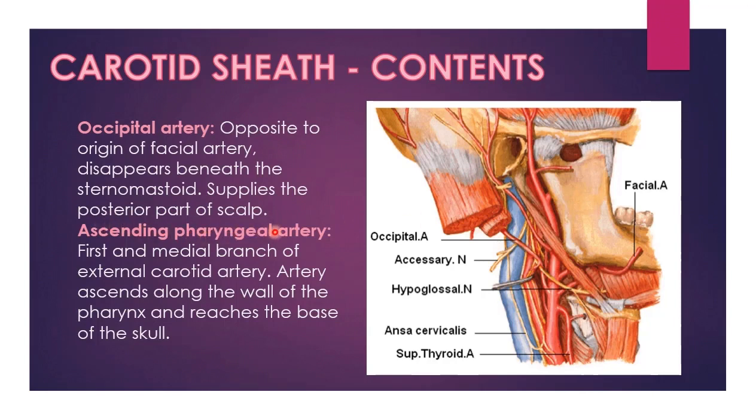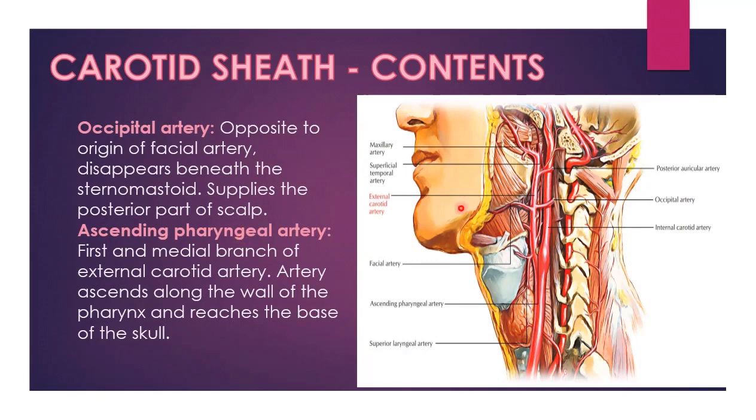Ascending pharyngeal artery. The next artery is the ascending pharyngeal artery, the medial branch. Here you are able to see it. It arises medially, passes over the lateral wall of the pharynx on top of the inferior and middle constrictors. So it supplies the pharynx through the pharyngeal branch.